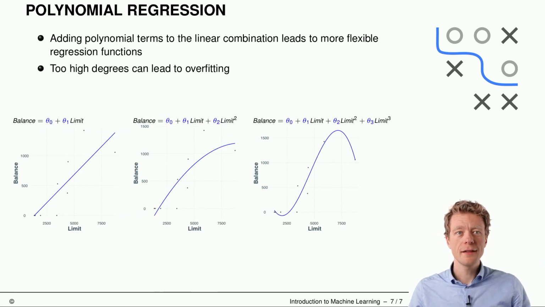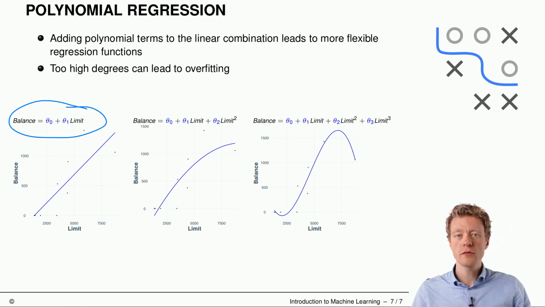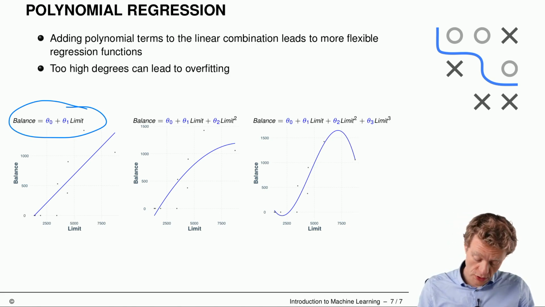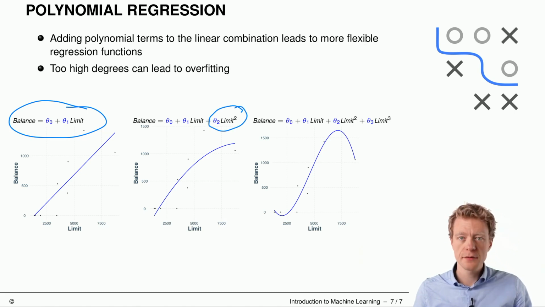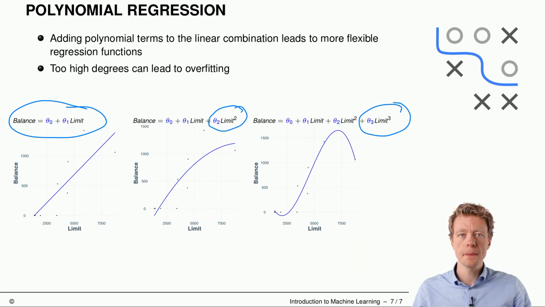Okay, one final preview, let's say, on polynomial regression. Until here we said that all those models have to be linear, theta 0 plus theta 1 times a feature. But of course that's not that flexible, because we can only fit linear functions then in the end. So what we can do is incorporate the squared feature limit and perhaps also the feature to the power of 3, and then take a linear combination of those new transformed features.